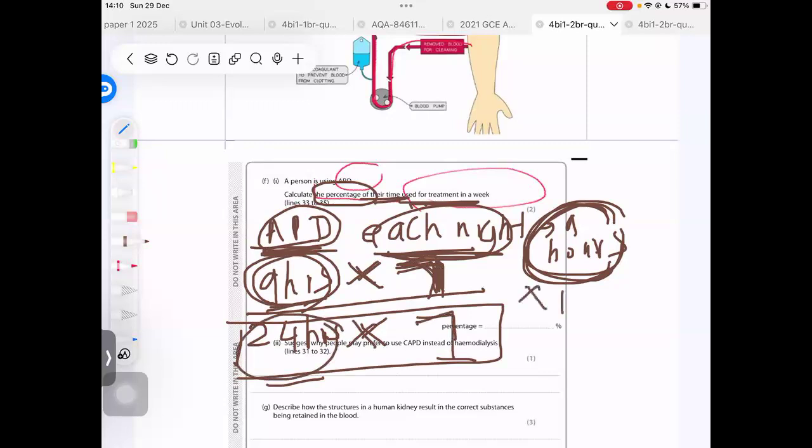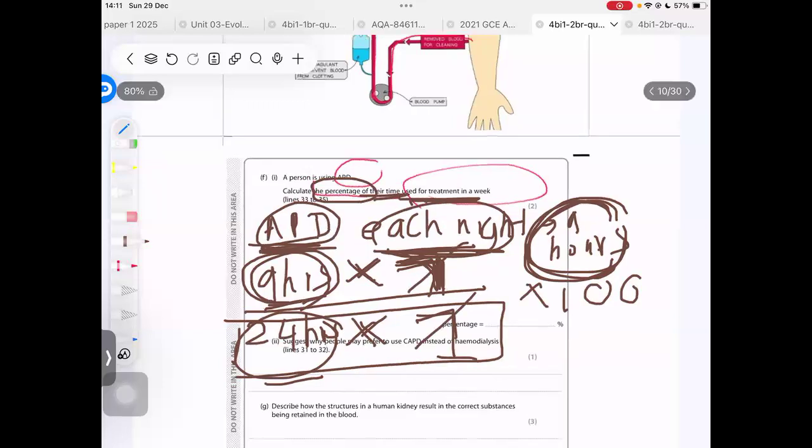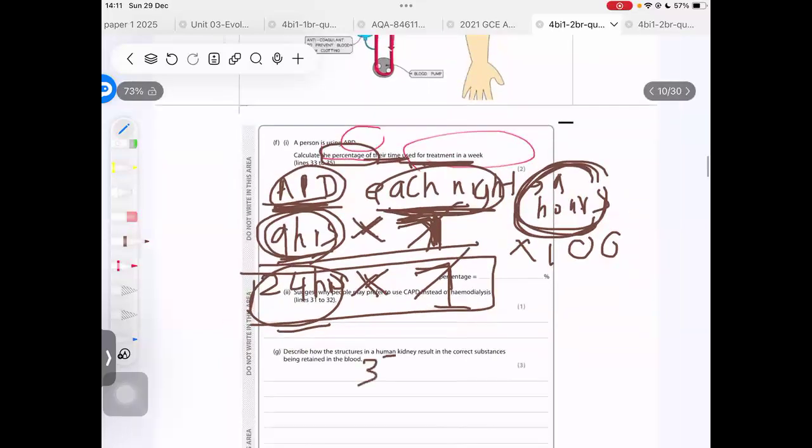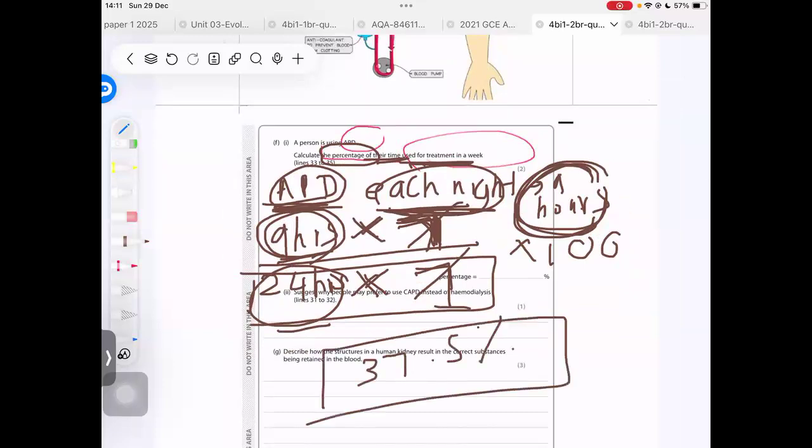And you multiply it by 100 to calculate the percentage. So you can see 7 and 7 get cancelled off, and it's 9 over 24. You get 37.5 percent as the answer when you simplify. 9 over 24 will become 0.375. Multiply by 100, you will get 37.5% as the answer.